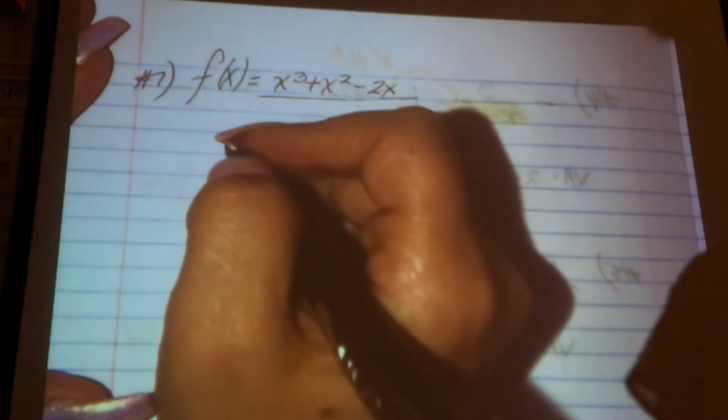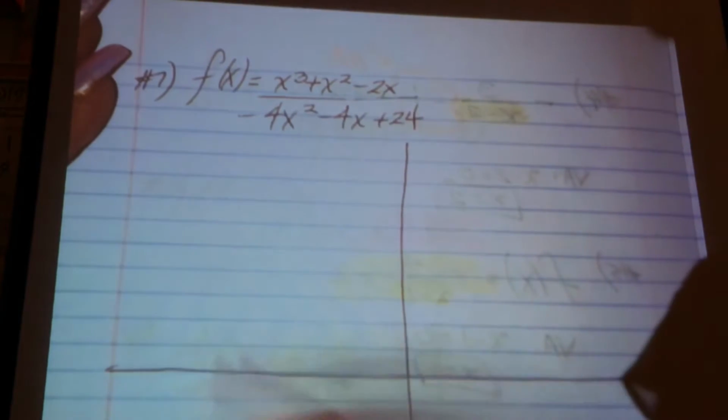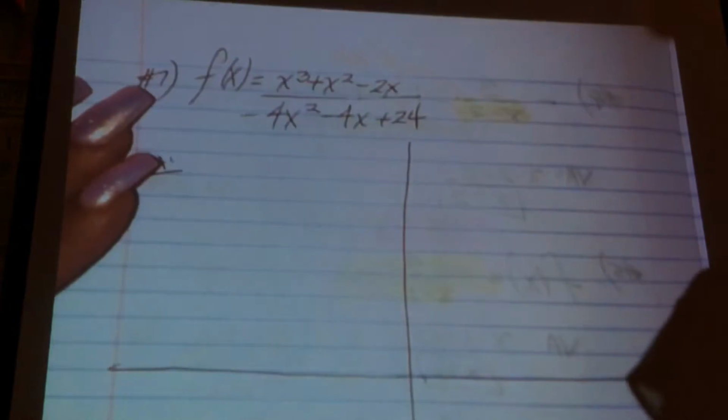I have f of x is equal to x cubed plus x squared minus 2x over negative 4x squared minus 4x plus 24. All right, let's do our vertical asymptotes first.